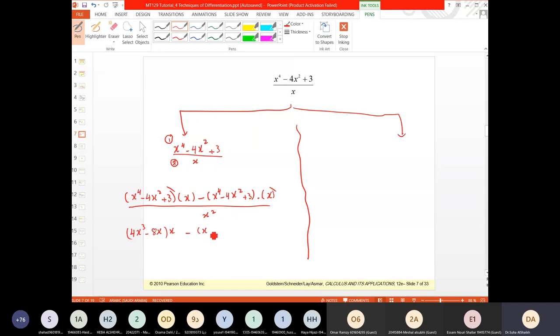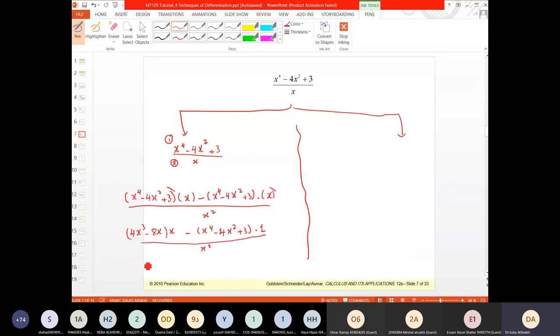Minus x^4 minus 4x squared plus 3. And what's the derivative of x here? It's 1. Correct, Isam. Correct, Tala. The derivative of x is just 1. So simplify it now, and don't forget, everything is divided by x squared.